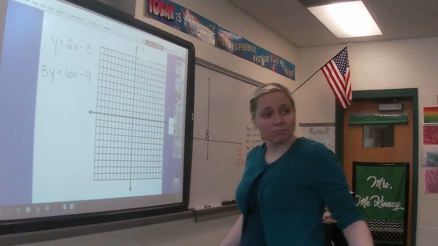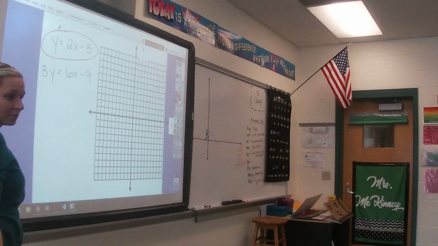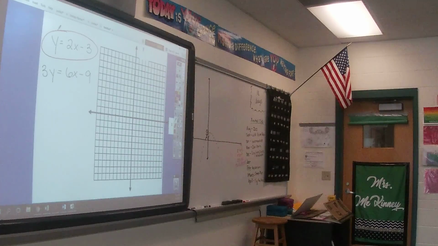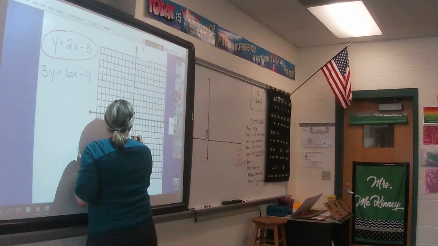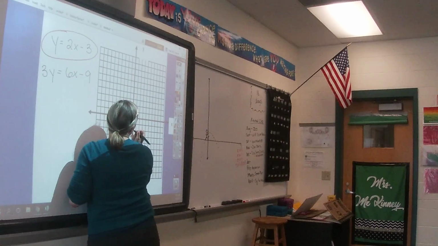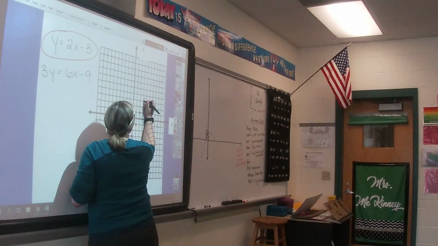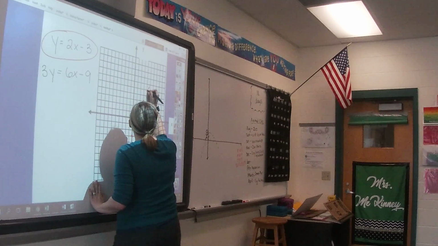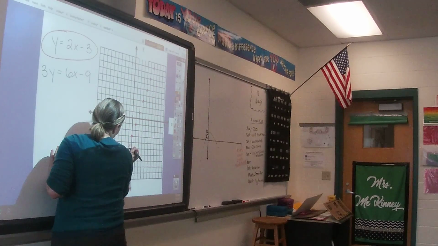So it's a system. So let's try and solve this by graphing. Where are we going to start on this first one? -3. Then what are we going to do? Up 2 over 1. How many points are we going to make? All of them. Right? The annoying amount.